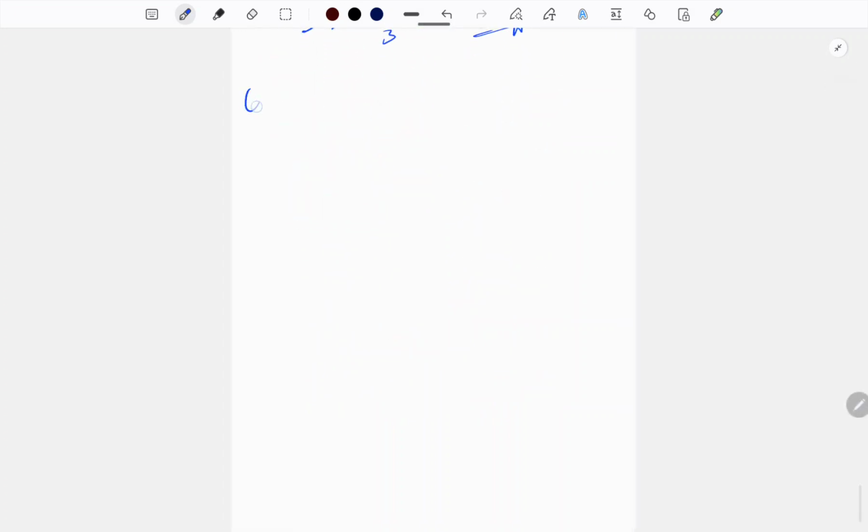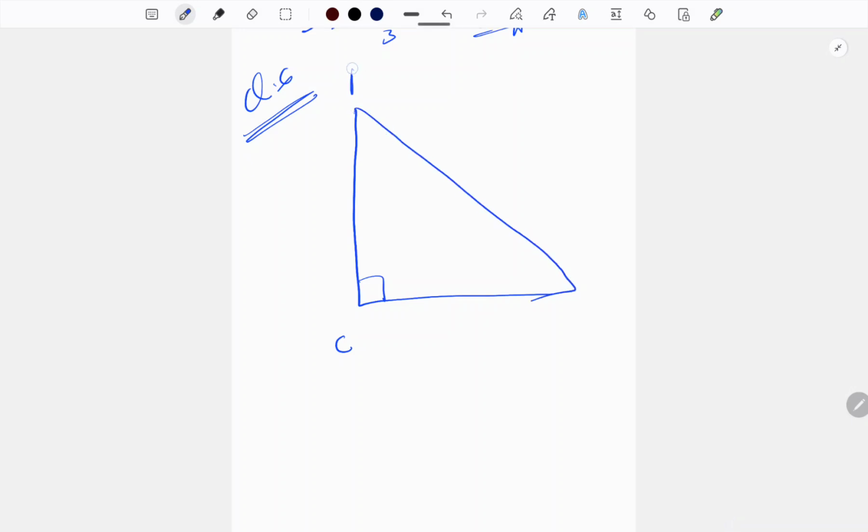which says ABCD is a triangle right angled at C. A line through midpoint M of the hypotenuse AB. पहले तो D is midpoint of AC.